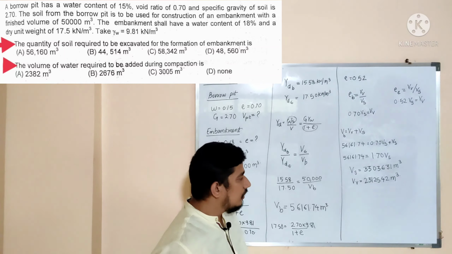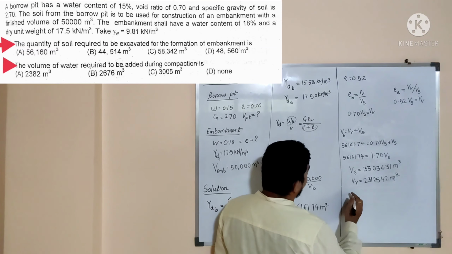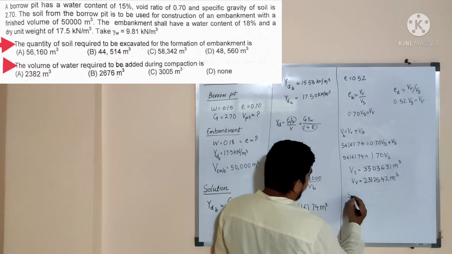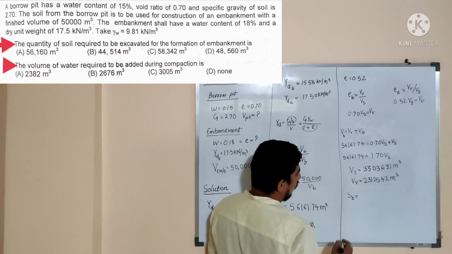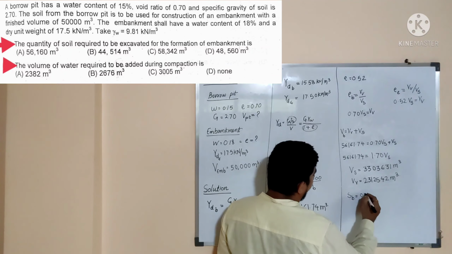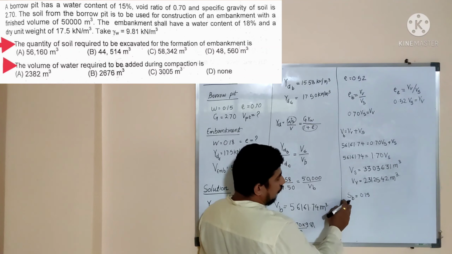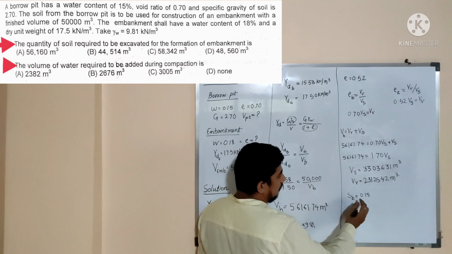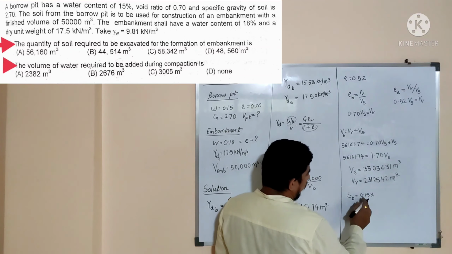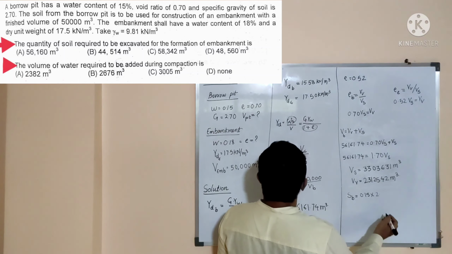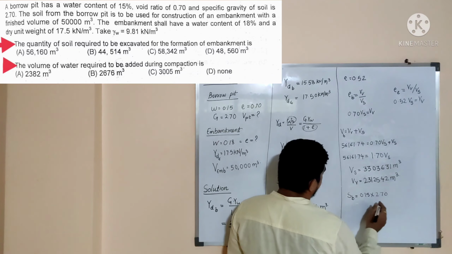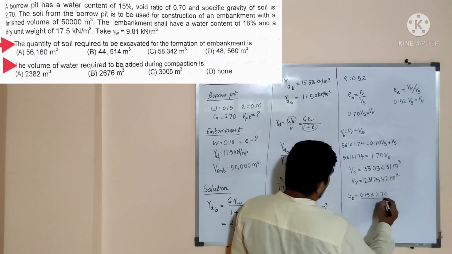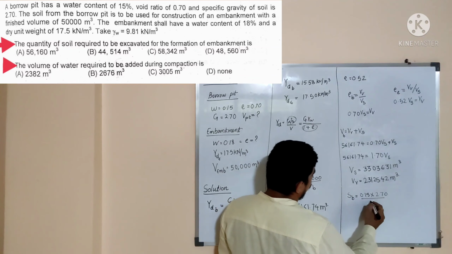Now we will find out the degree of saturation for SB. We know w is 0.15, so the degree of saturation for soil in the borrow pit is 0.15 times G, 2.70, divided by e, that is 0.70.